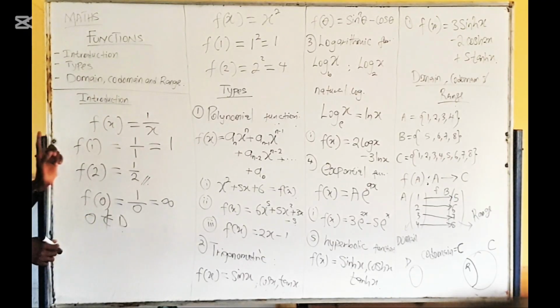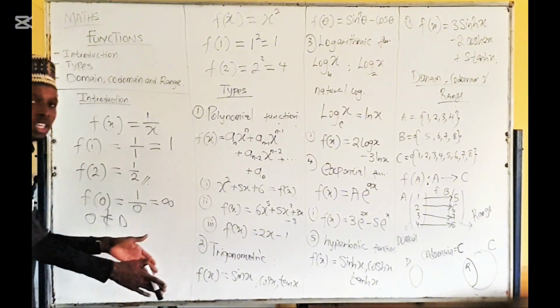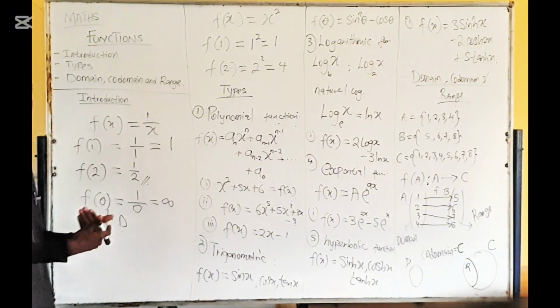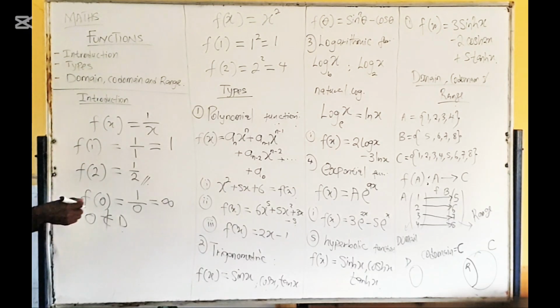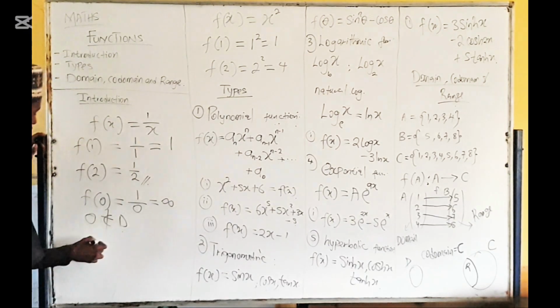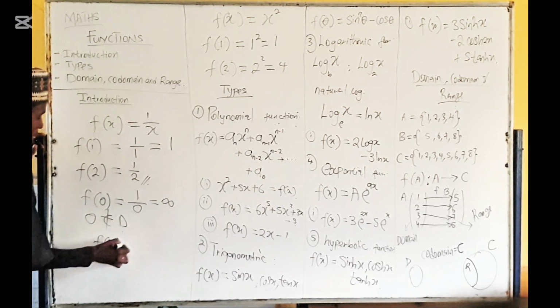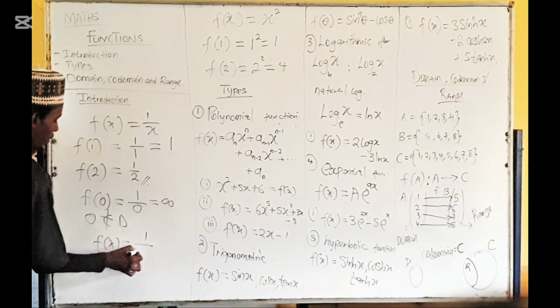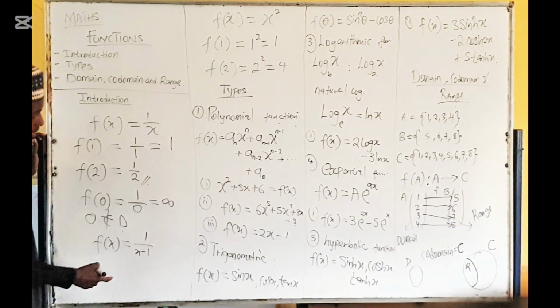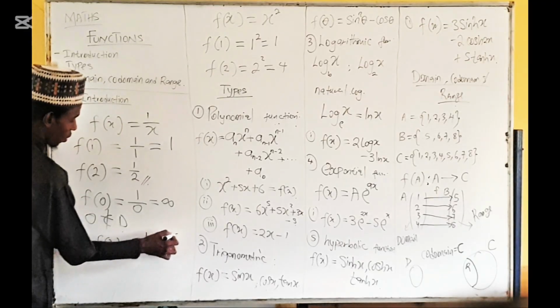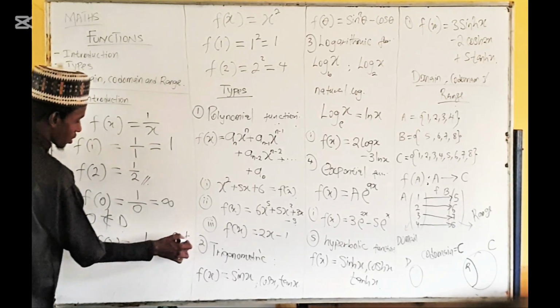It's not among the domain, because the domain consists only of those numbers which, if I insert them in the function, will be processed and result in an output. I hope we understand. And there are so many functions like this. Let's say we have f of x equals 1 over x minus 1. This function is true for all values of x except when x is 1.